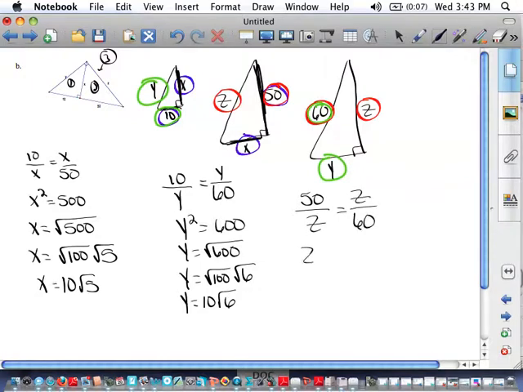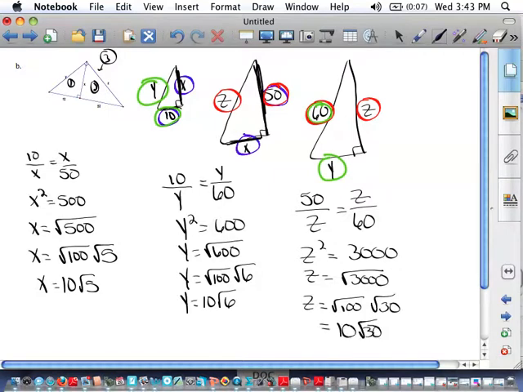Cross multiply, z squared equals 3,000, so z equals the square root of 3,000. You can break that down into the square root of 100 and the square root of 30. Square root of 100 is 10, so it's 10 root 30.